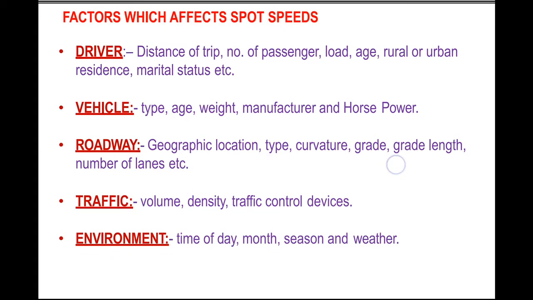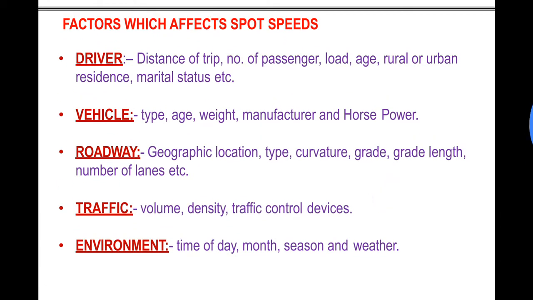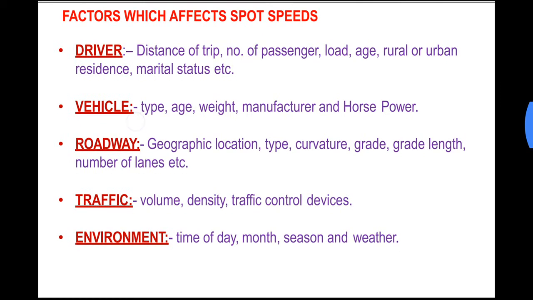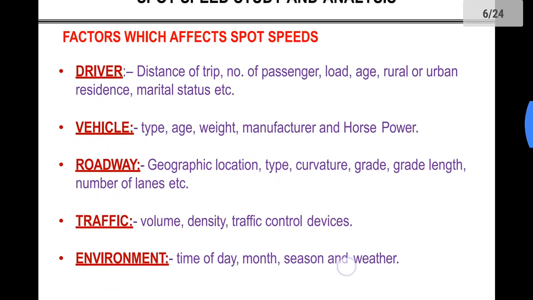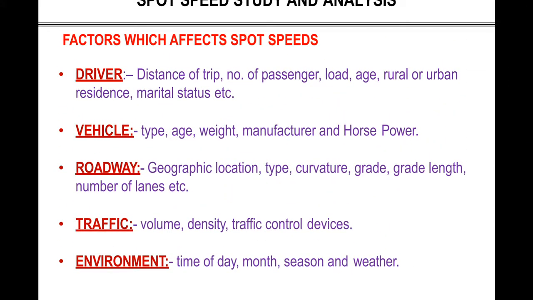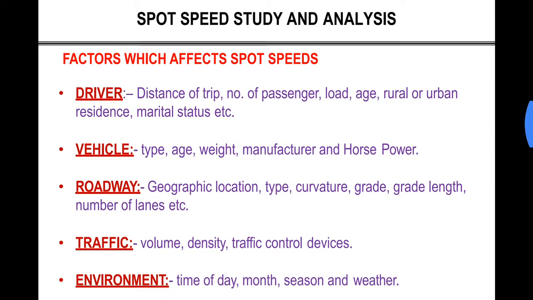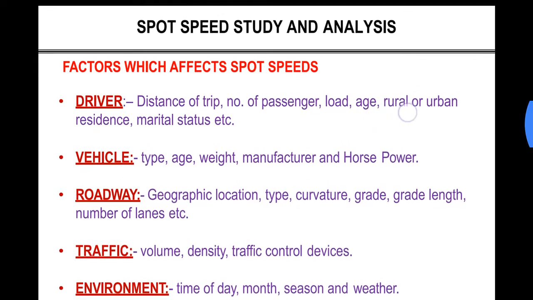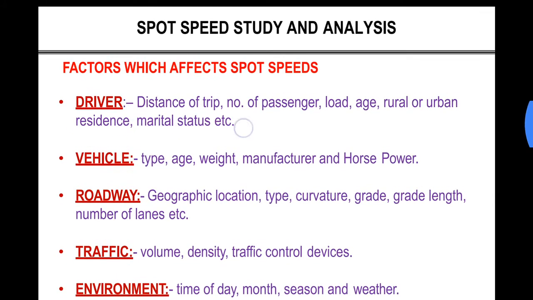Now, what are the factors which affect spot speeds? Driver, vehicle, roadway, traffic, and environment. Okay, these are the factors which affect the spot speeds. First is driver: the distance of the trip, the number of passengers, the load on the vehicle, the age of the driver, the rural or urban residence, and marital status.